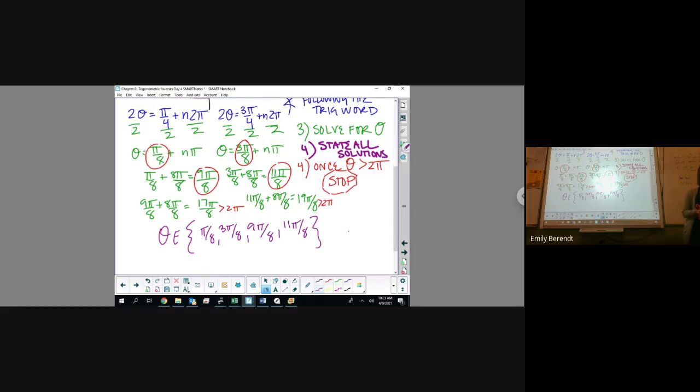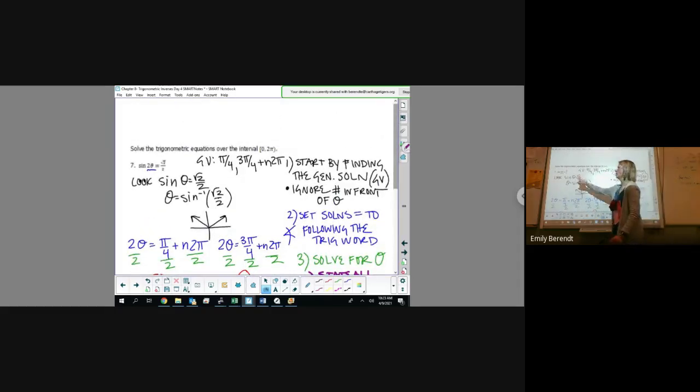Okay, if you were so inclined to check your answers, check this out. If you took pi over 8 and you plug it into the original problem, the sine of 2 times pi over 8 would be the sine of pi over 4. And what is the y value at pi over 4? Root 2 over 2.